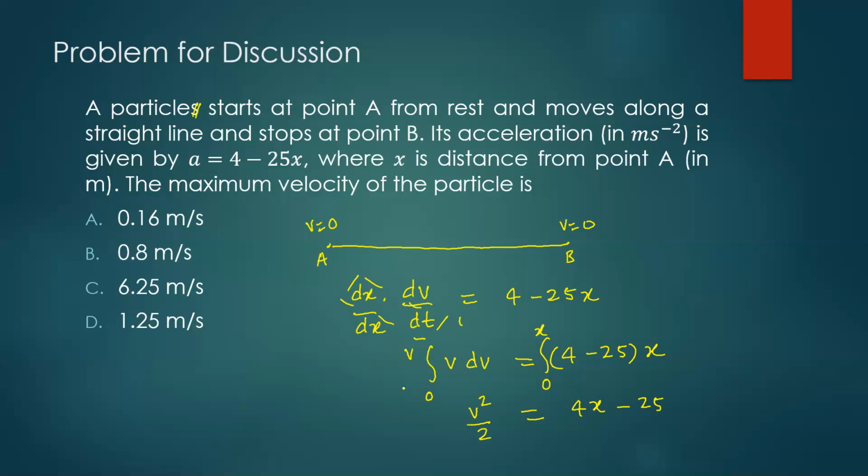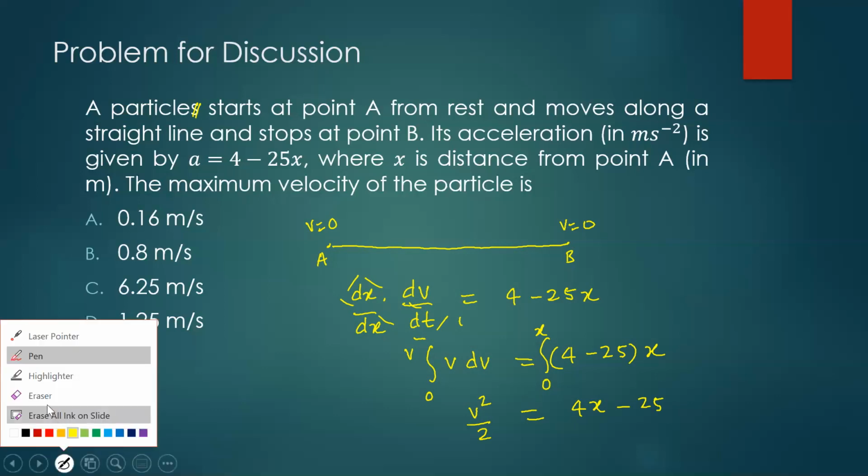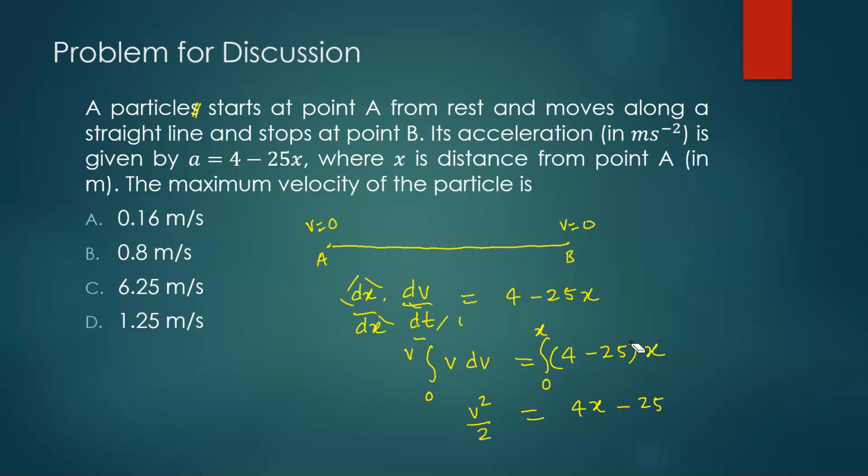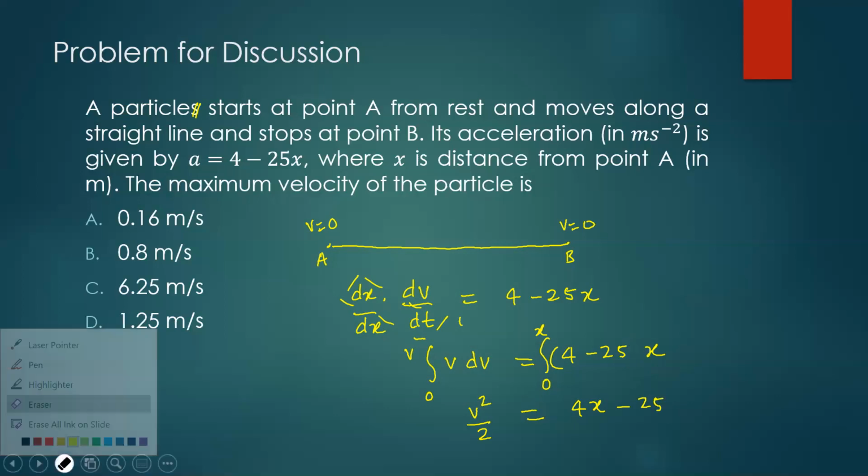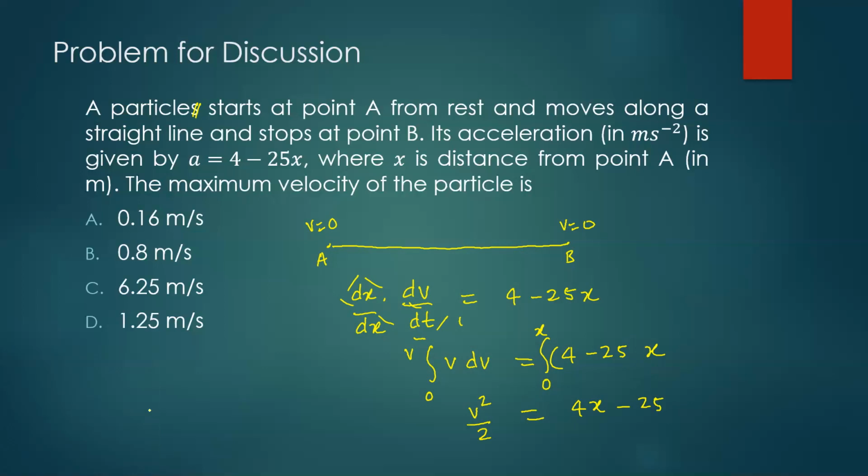Why did I write 4 minus 25? That's a mistake. Do you see what I did? That's very bad. I should write 4 minus 25x into dx. So I'll get 4x minus 25x square by 2.